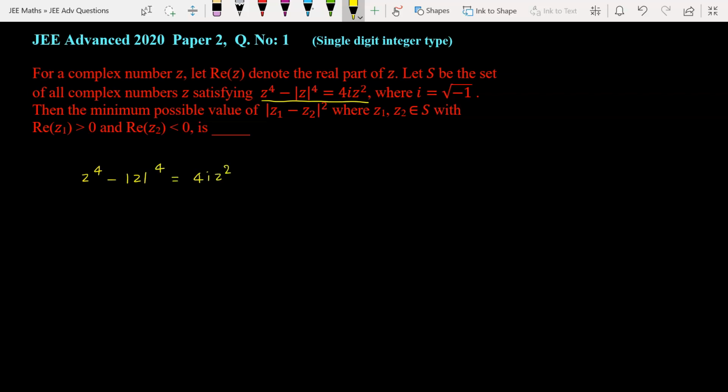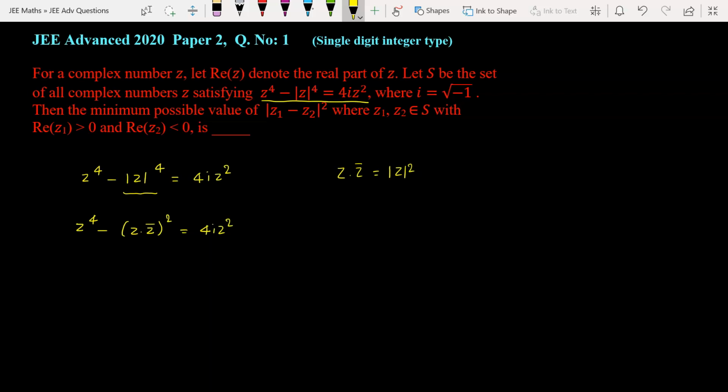So we have a standard result. We know that z into z bar is equal to mod z square. So if we use this in place of mod z whole power 4, we can write it as z z bar whole square. So z power 4 minus z into z bar whole square is equal to 4 iota z square.